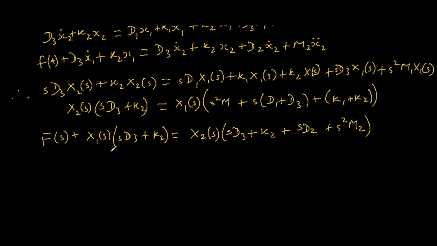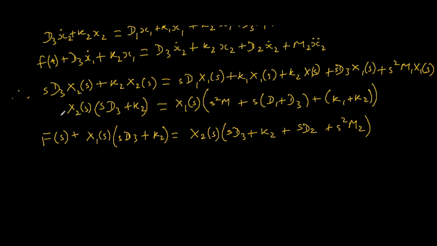X1, remember, is our output, F is our input. So we want to get rid of this X2 if possible. Is that possible? I think the answer is obvious. Looking at this first expression, you can write an equation for X2.